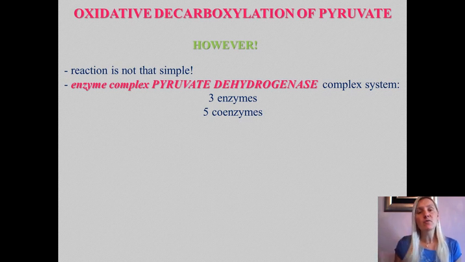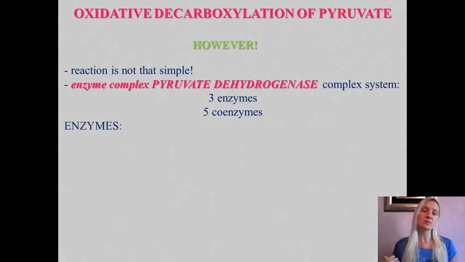So before we move on to the steps of this pathway, I would like to list those 3 enzymes and 5 coenzymes first, which means first I would like to say which ingredients we need for the pathway, and then we're going to start cooking.